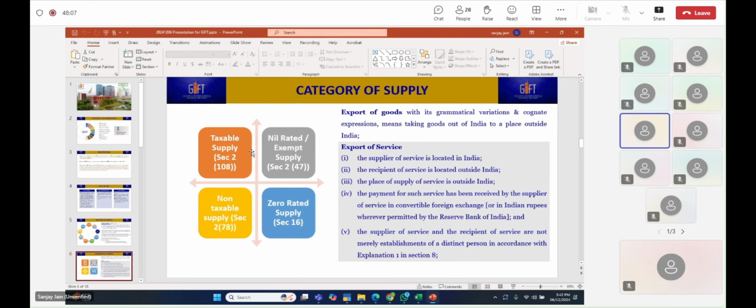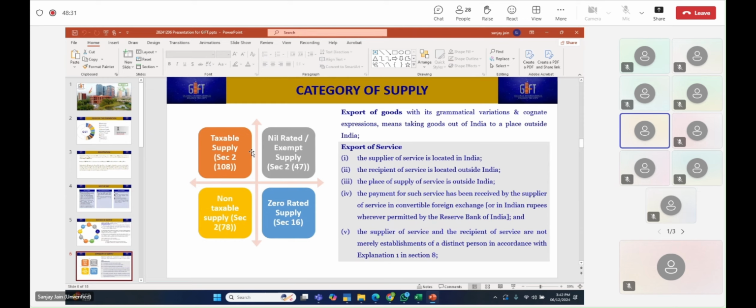So while filing the FTP or SEZ return, you may be treating a particular transaction of goods as export, but for GST purposes, unless goods are moved out of India, it will not be treated as export. So you may face GST liability if goods have not moved and you have treated it as export.